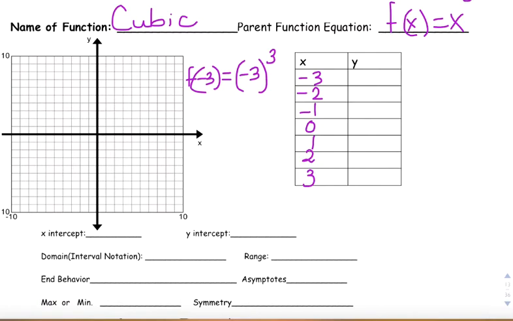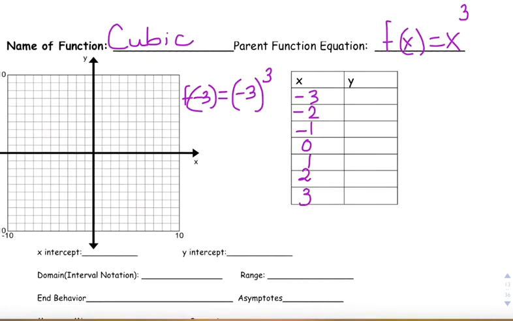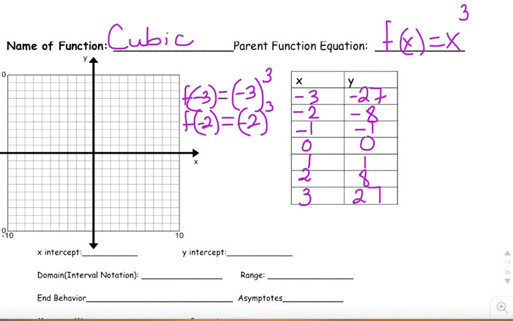So that means, in other words, negative 3 times negative 3, which is 9, times negative 3 again, which is negative 27. F of negative 2 means negative 2 three times, giving us negative 8. And then so on, negative 1, 0, 1, 8, and 27.